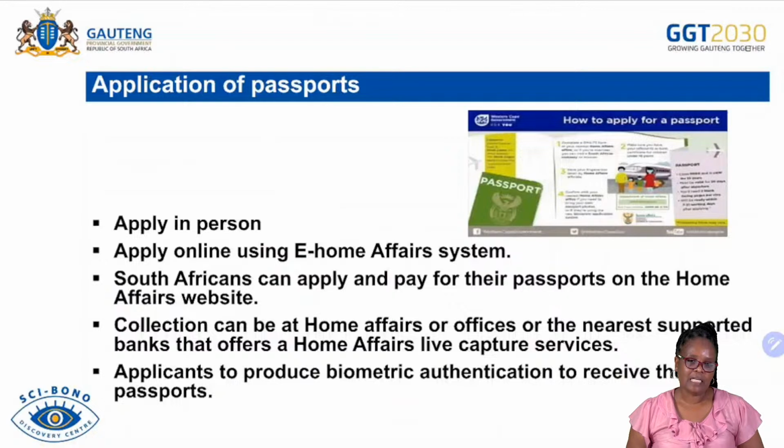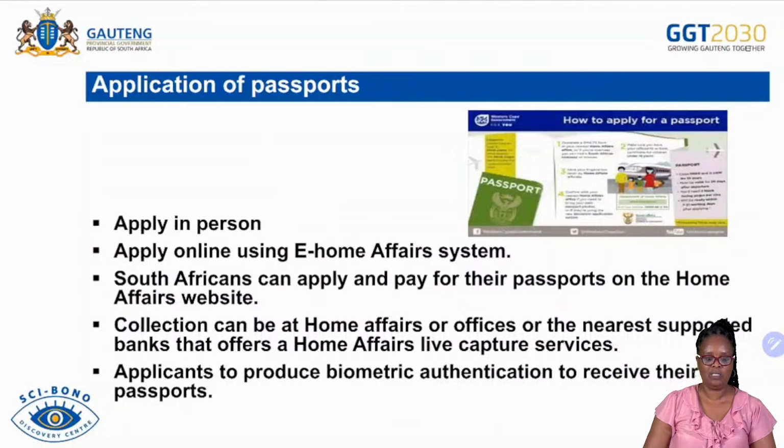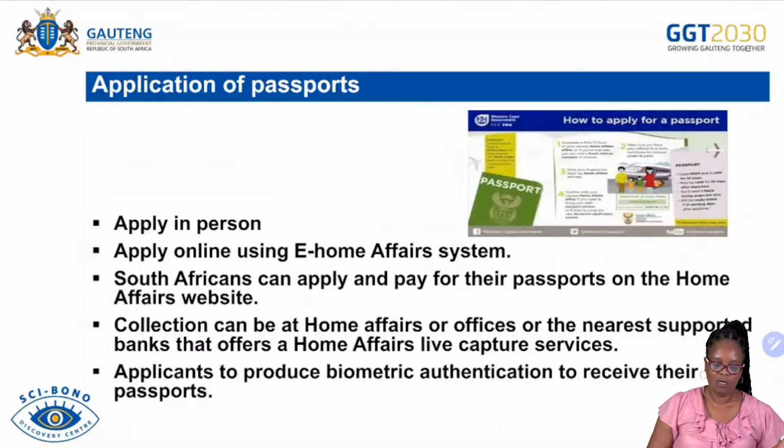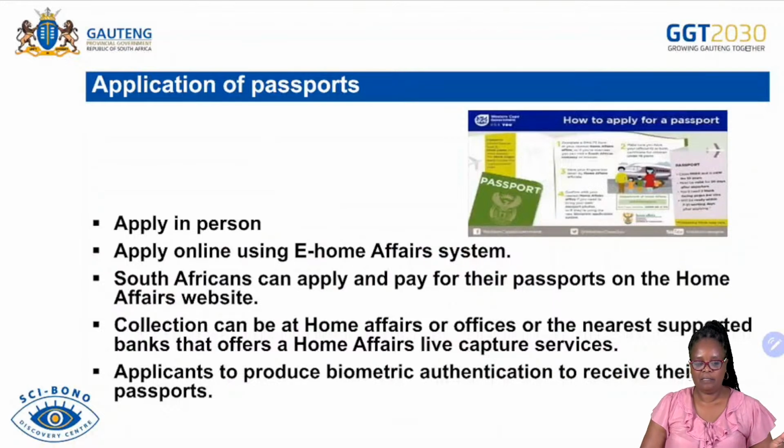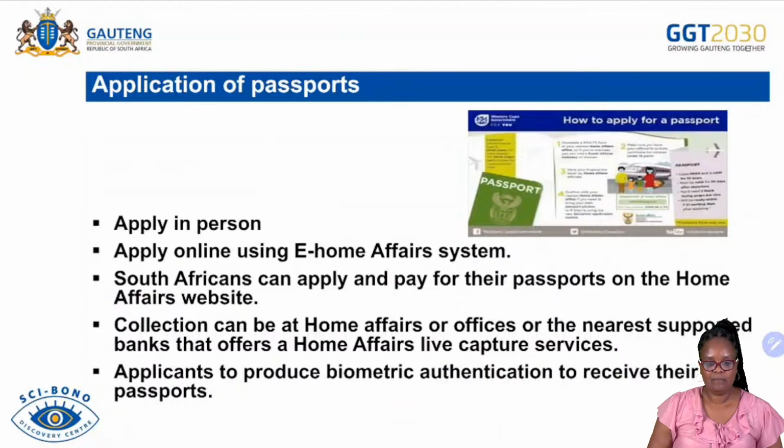If you have applied in person, you will go to the Department of Home Affairs where you have applied to collect it. But if you have used the online system, the eHome Affairs system, then you collect from the Home Affairs offices or to the nearest supported banks.